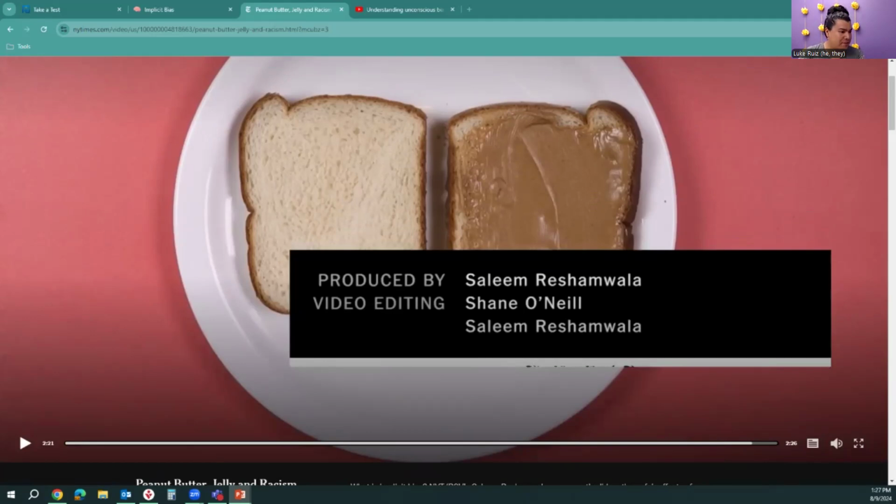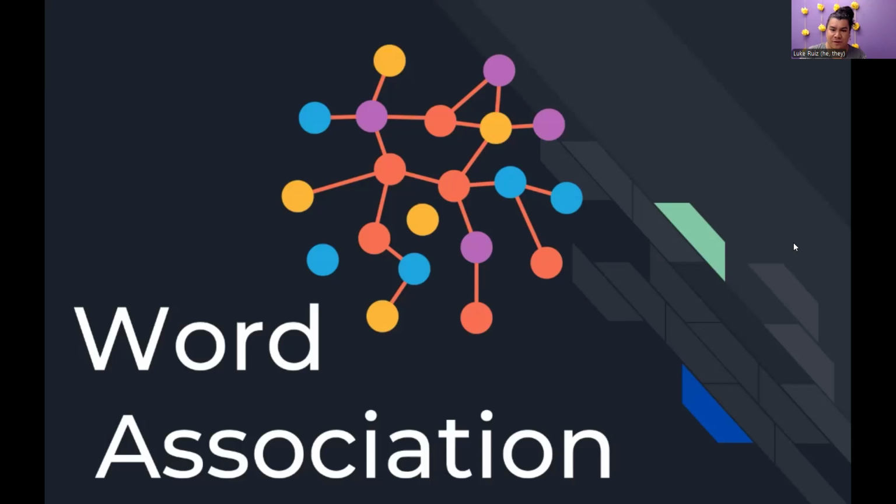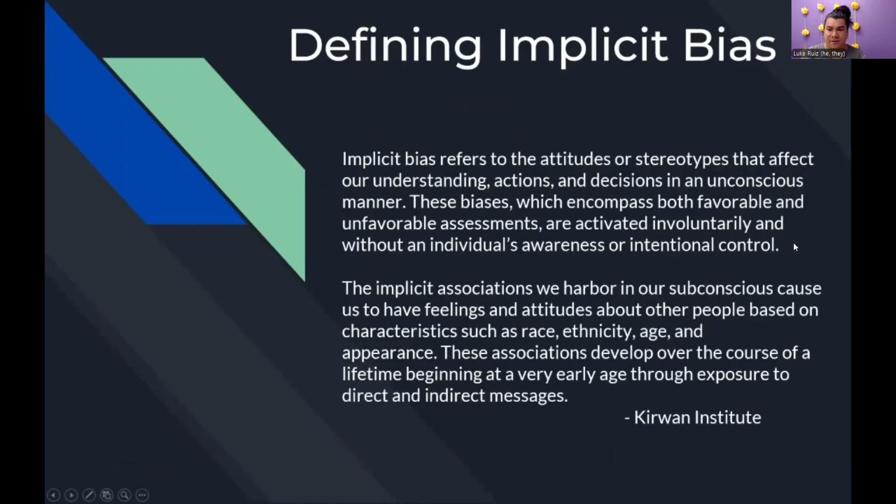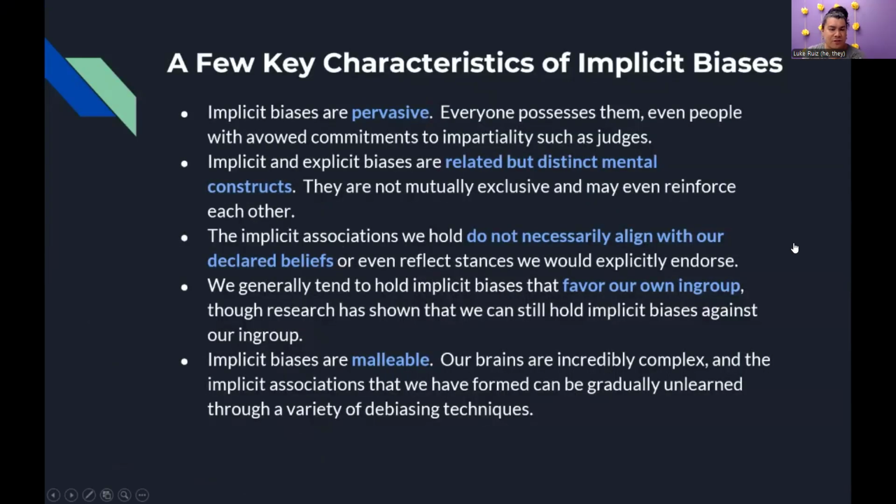Okay. So the other part, I know, man, time goes fast today. Let me go back to my screen. So, implicit bias. I just want to show some keywords and characteristics of what that looks like, so you can have some takeaway pieces of that.